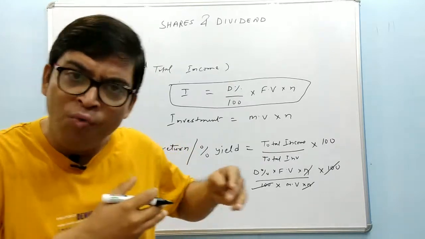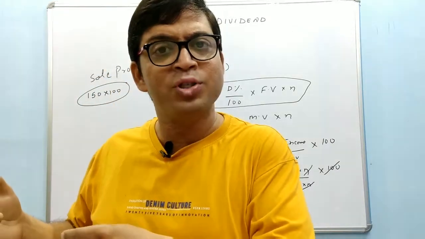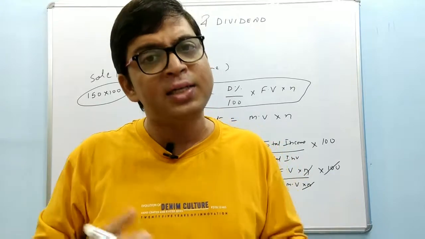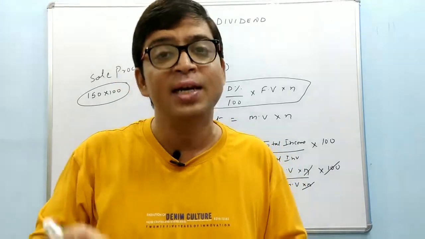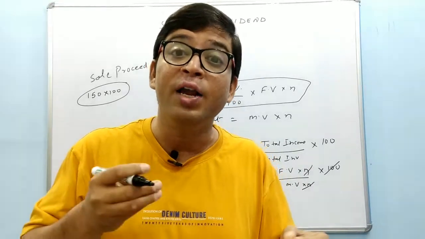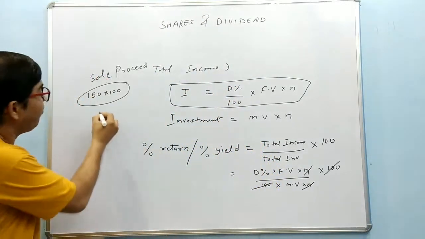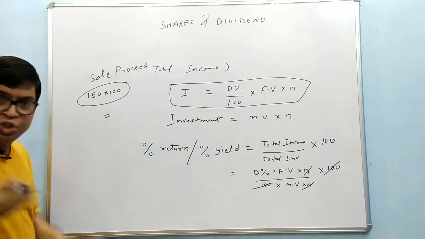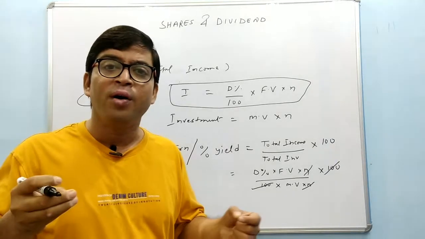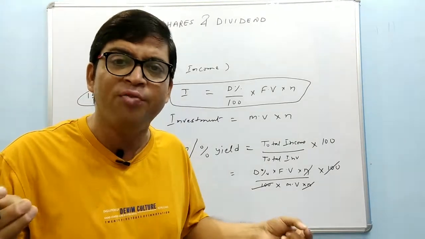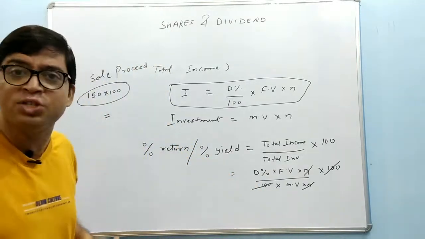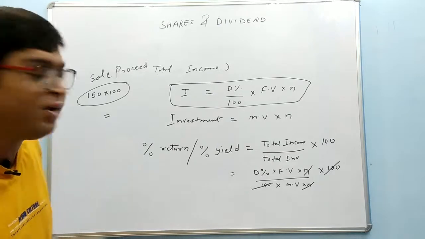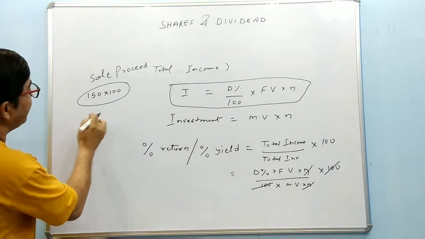And now we are going with that sale proceed to buy another type of shares. So for another type of shares, that is going to be the investment. So if I am going to buy shares of market value 125 of another type, with that much money, how many shares will I get? I can get like this.